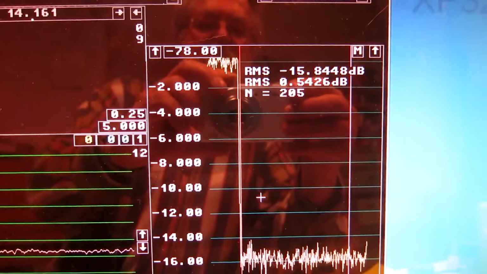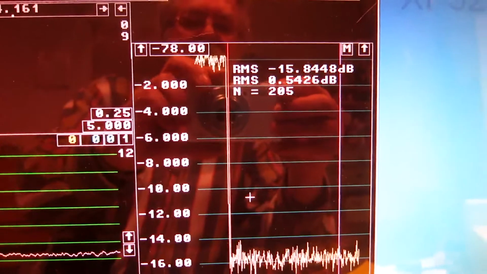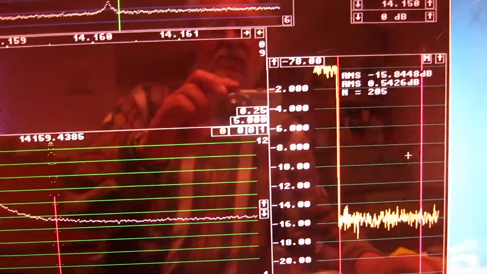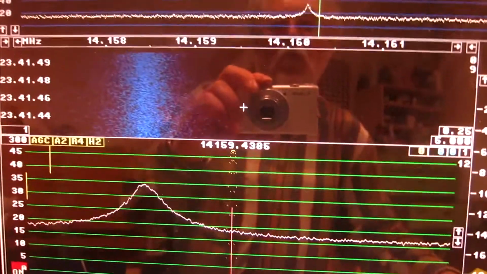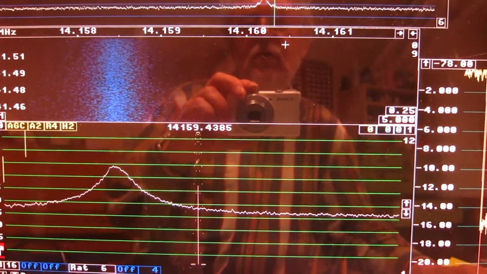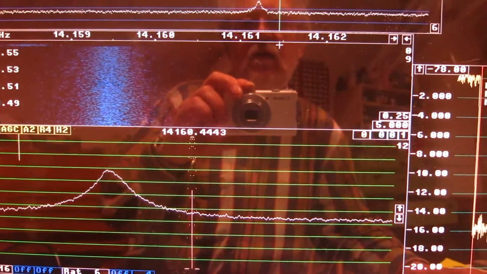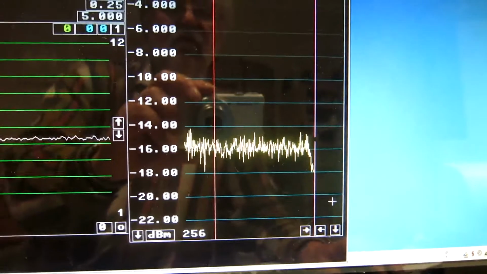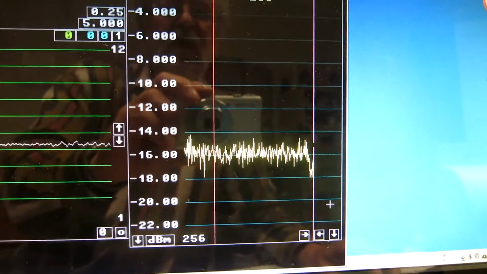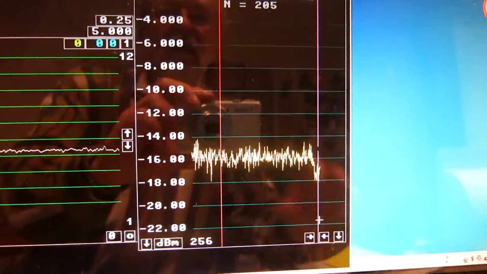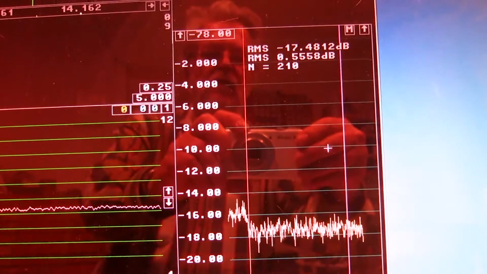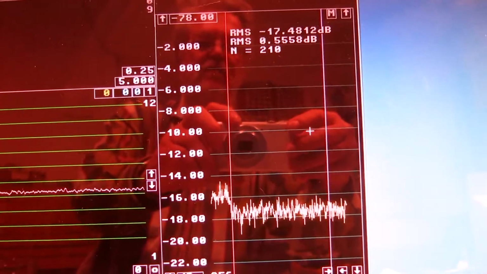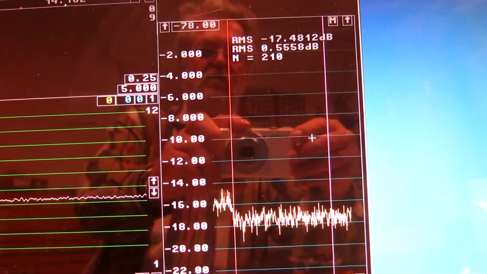Well, I don't measure the decimals carefully, so 16 decibels lower is the noise 1 kilohertz away from the center of the passband. And I go 1 more kilohertz away, it will be about here. And then, as you can see, the noise floor steps down another about 2 dB. So, at 2 kilohertz I see 17.5 decibels below the noise at the center frequency.